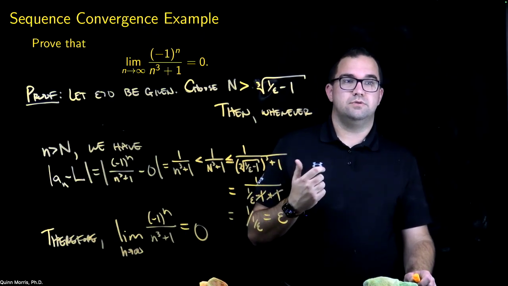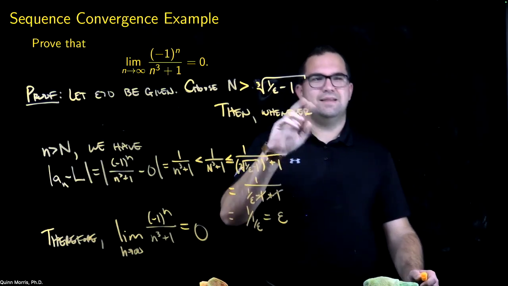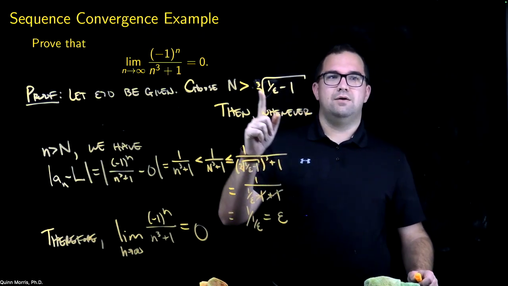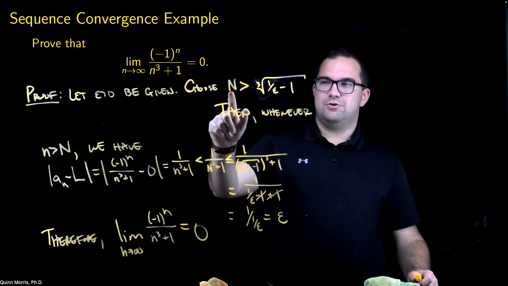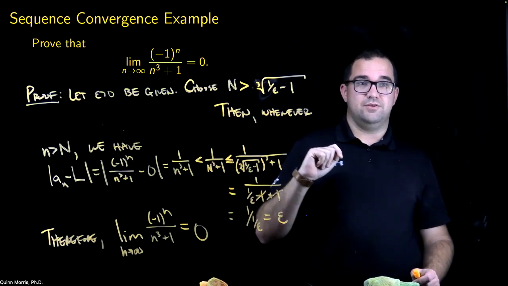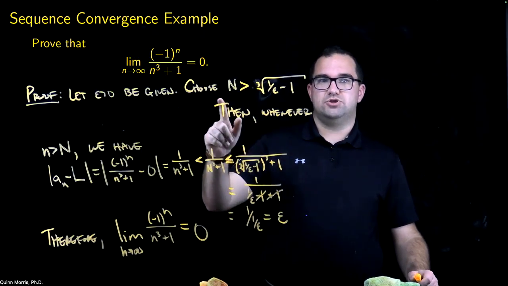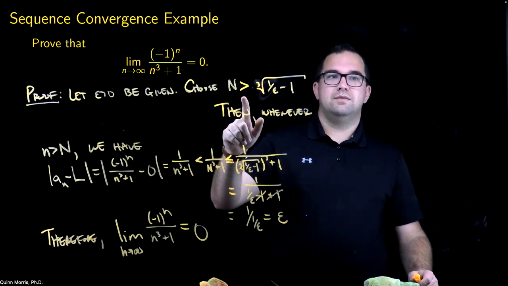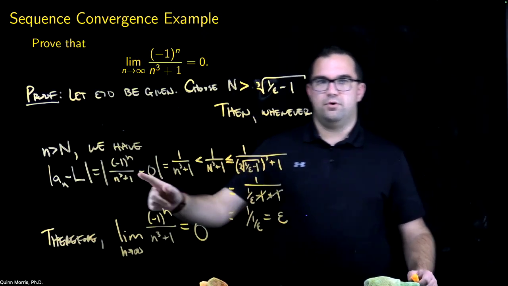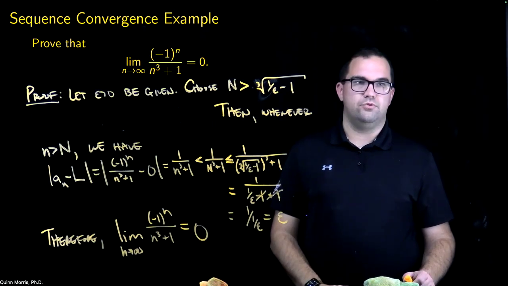We can always choose, sorry, I think it's because the natural numbers are unbounded. You can always choose a natural number that's greater than this real number. So you could still say, I'm going to choose a natural number N that's greater than this particular real number, and then all of this would still go through.